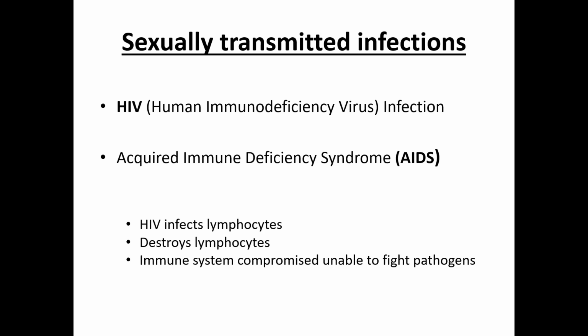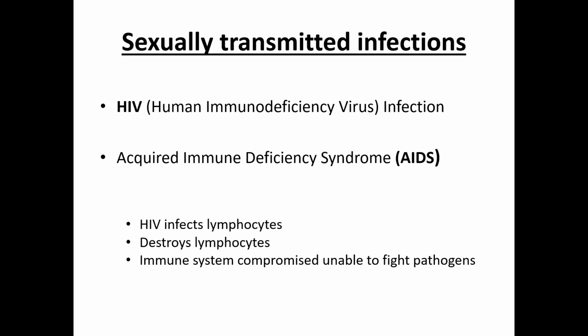Okay, so HIV infects the lymphocytes, destroys lymphocytes, and the immune system is compromised to be unable to fight pathogens. Means for any contraction of, for example, COVID-19, the lymphocytes cannot do anything. Okay, so that's all. So HIV can definitely occur anywhere: sharing needles, of course unprotected sex, mother to fetus, blood transfusion.